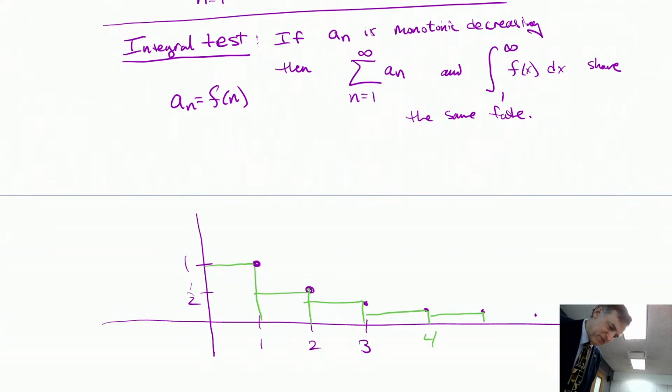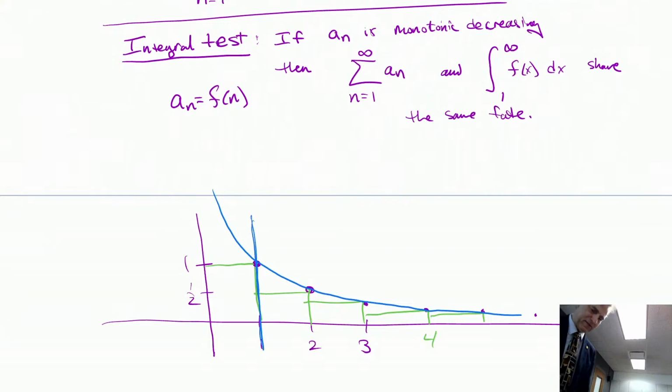Notice that if I draw in a curve here, that curve is bigger than all of those rectangles. And the reason why it's bigger than all of those rectangles together, at least if we, here, let's ignore the first rectangle for now because we can't deal with it. So from here over, you're above all of those rectangles.